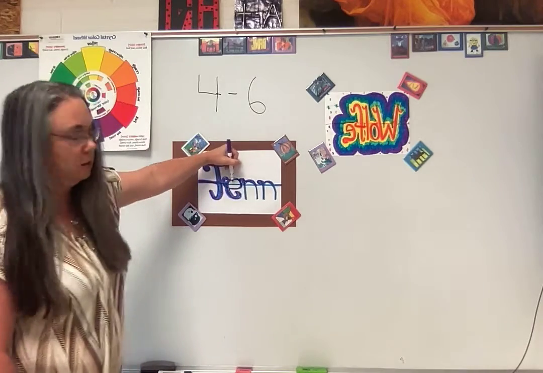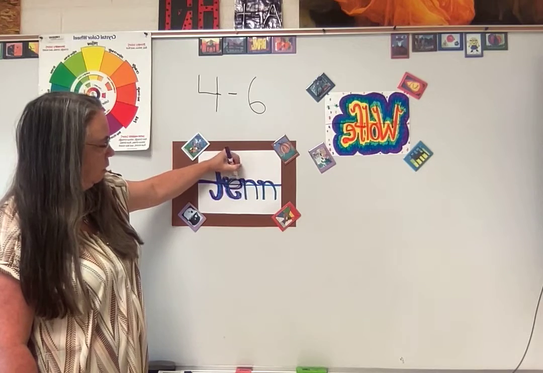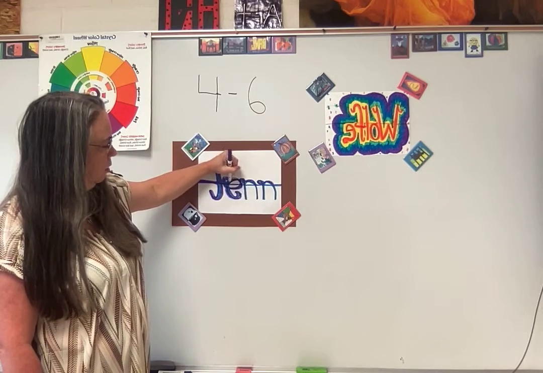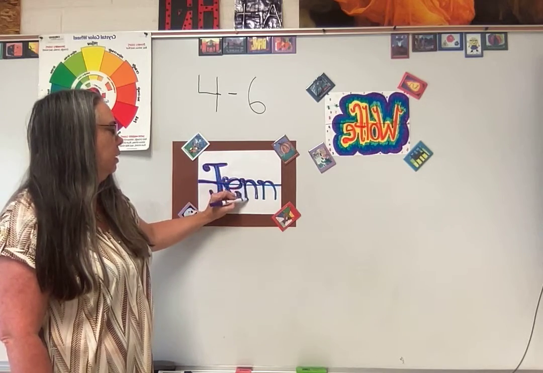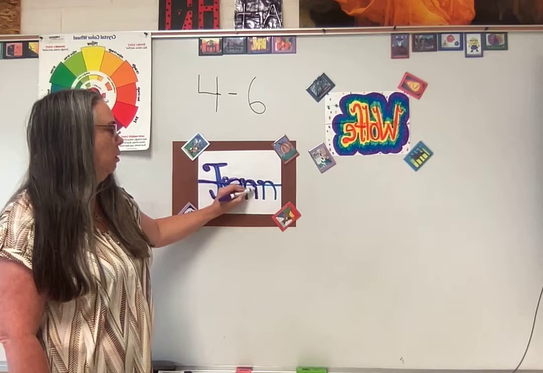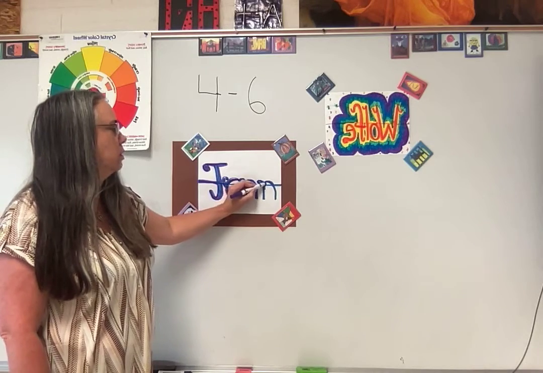Like this E has a circle or oval shape inside. I need to go inside of the blue with my new color, purple. So we're coloring over and under with the second color. Over the first letter and under the first letter with the second color.